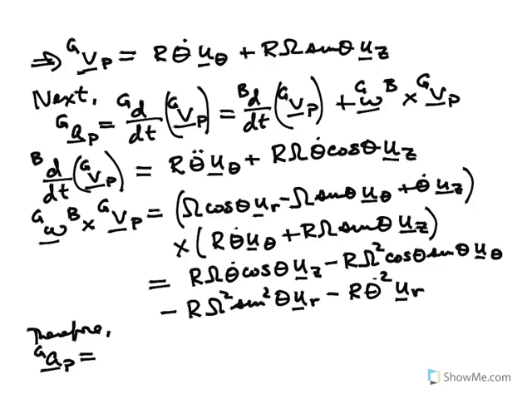So if I gather the UR terms, I get minus R theta dot squared plus R omega squared sine squared theta times UR.